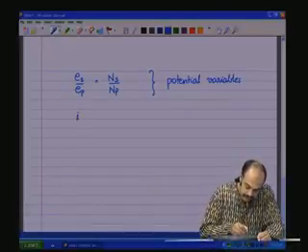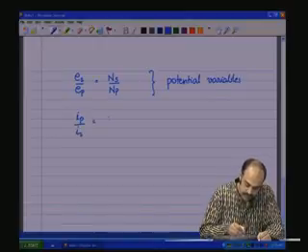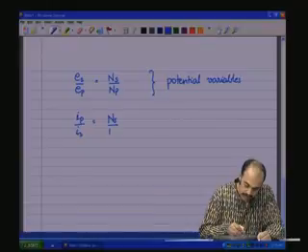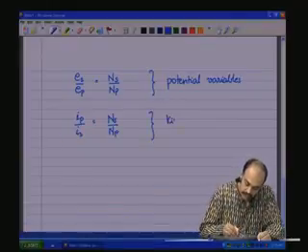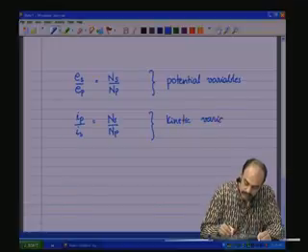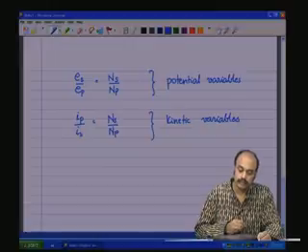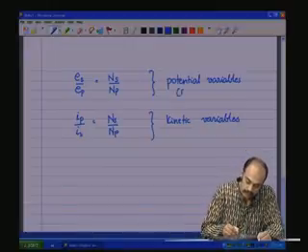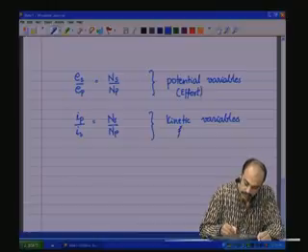Then Ip by Is equals Ns by Np. This is for kinetic variables of the port, or you could say this is the effort variables, the flow variables of the ports.